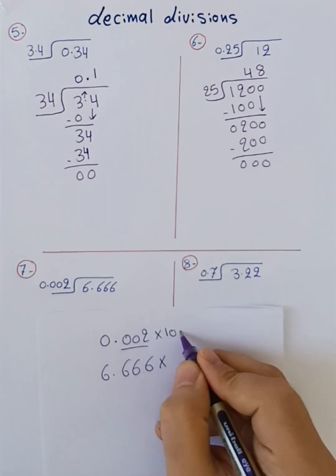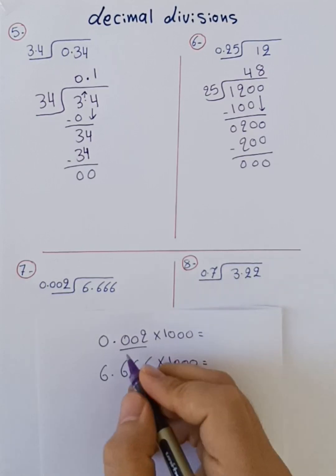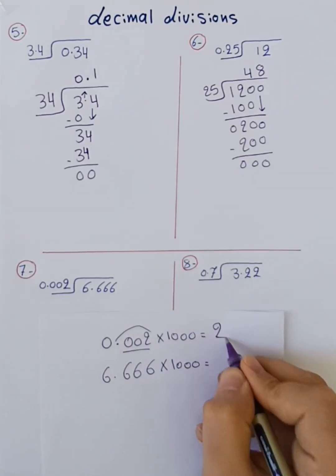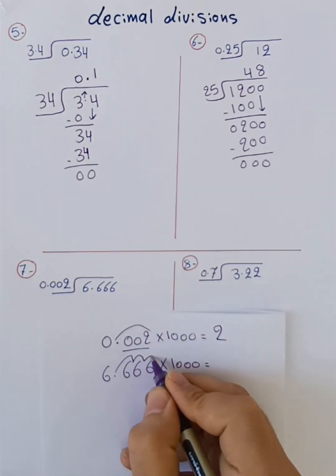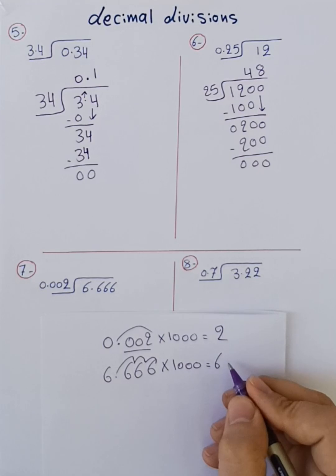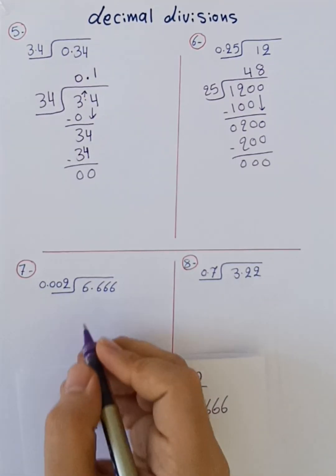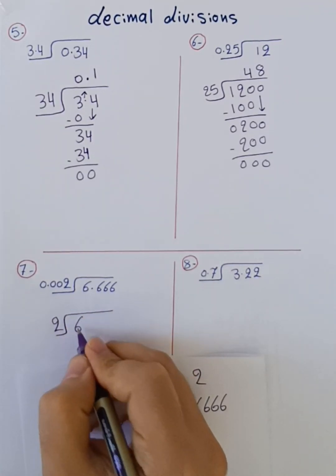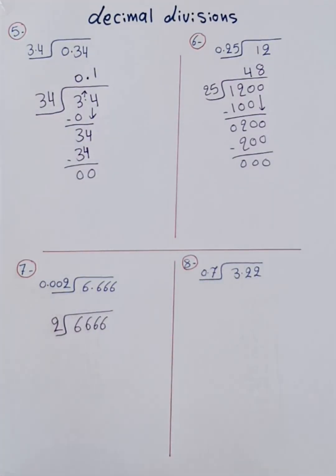You have to multiply by 1000. This decimal point moves 3 steps to the right, becomes 2, and this decimal point moves 3 steps to the right, becomes 6,666. So the new numbers are 2 and 6,666. Now we can divide.